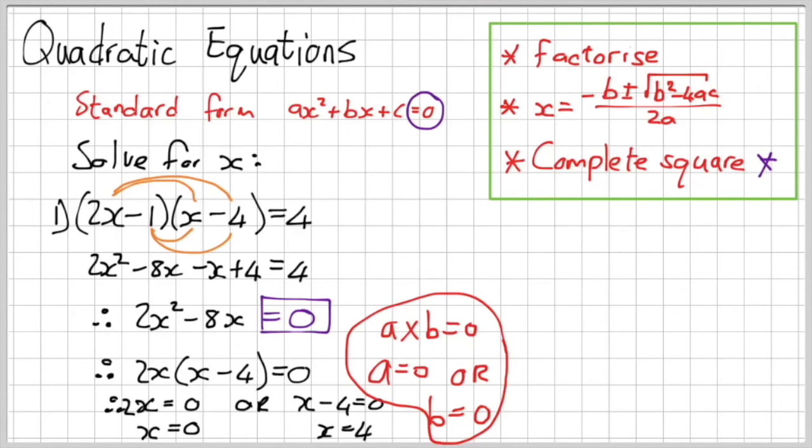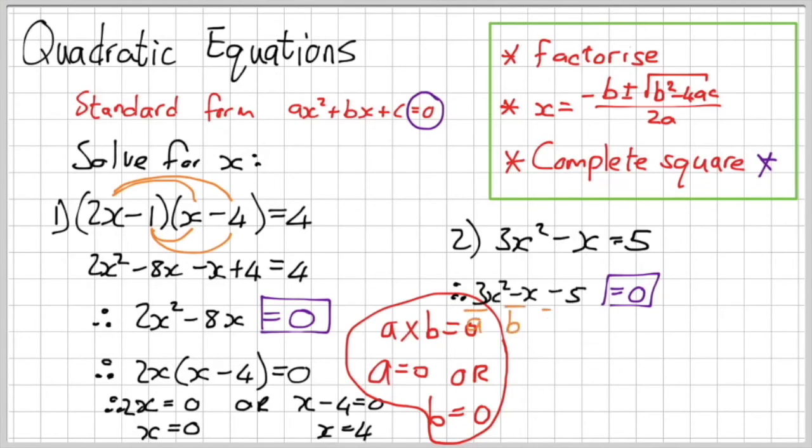Now on to the next one, question 2, which says that 3x squared minus x equal to 5. Again, our main aim is first get equal to 0. You cannot solve quadratic equations, or you couldn't solve them properly, without getting equal to 0. So therefore, 3x squared minus x minus 5 is 0, with a being 3, b being negative 1, and c being negative 5.